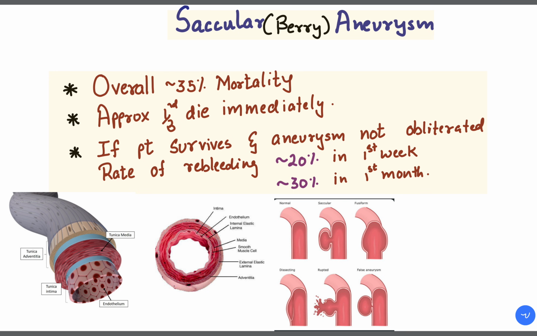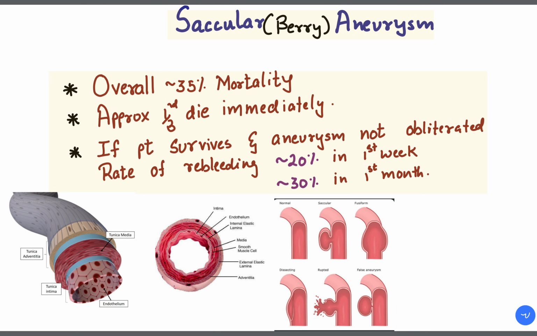Now, with respect to subarachnoid hemorrhage, when a berry aneurysm ruptures, there is a striking 35% mortality overall. Of them, approximately one third of patients die immediately, before reaching the hospital.